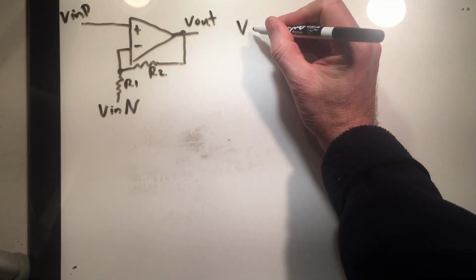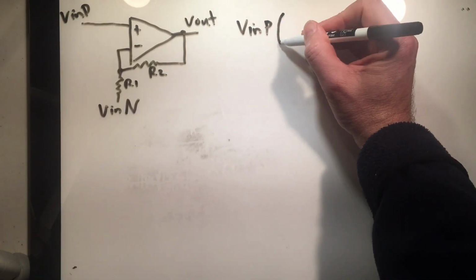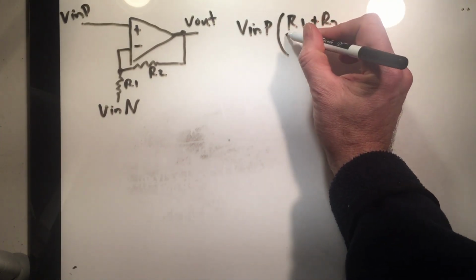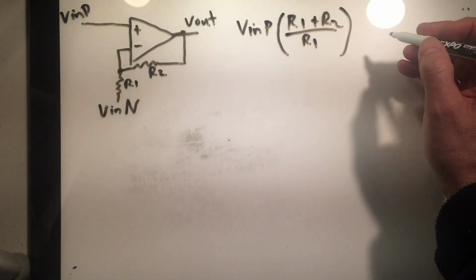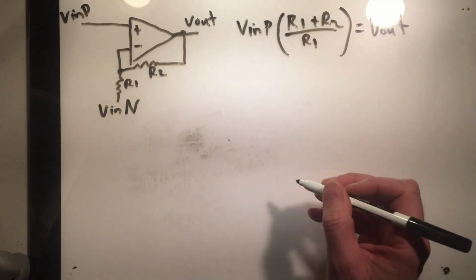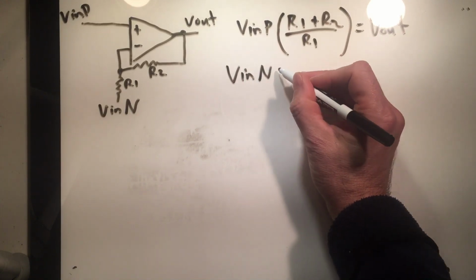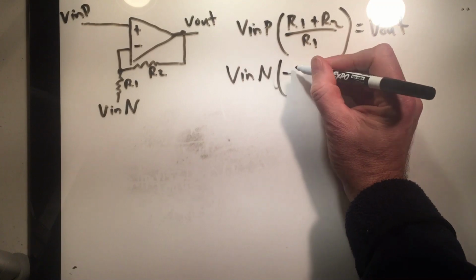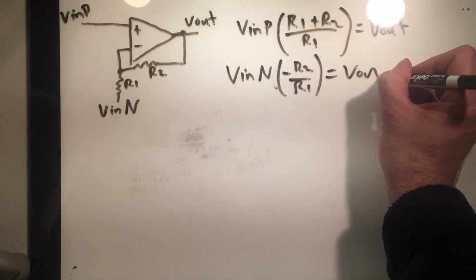That's assuming that we don't saturate anything. And we have V in positive. This is the non-inverting gain amplifier. And I'm going to write the equation a little differently. It's going to be R1 plus R2 divided by R1. Most of the time you see it as 1 plus R2 divided by R1, but this will make our math a little easier. Equals V out. Then the inverting amplifier gain equation is going to be minus R2 over R1 equals V out.